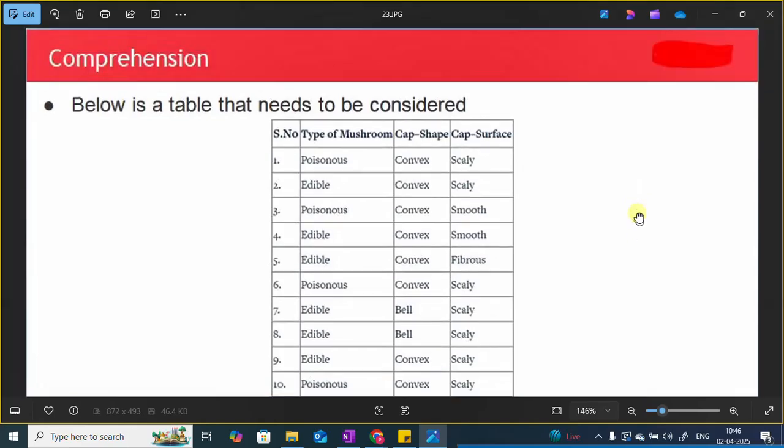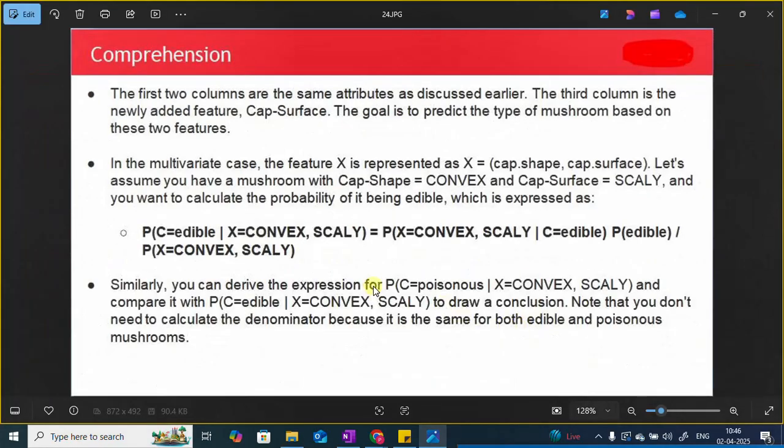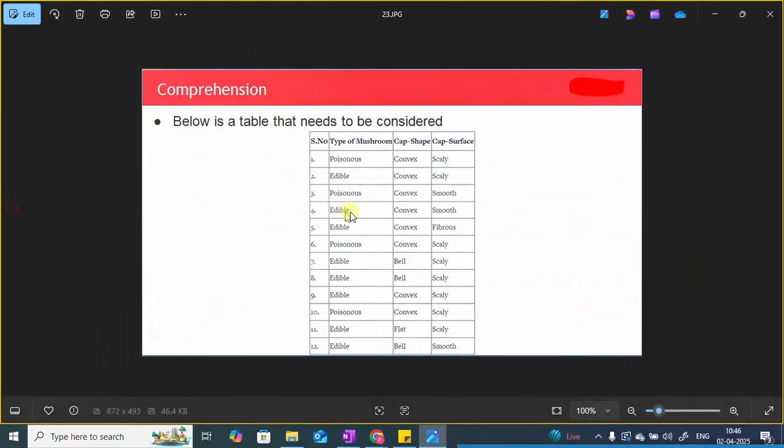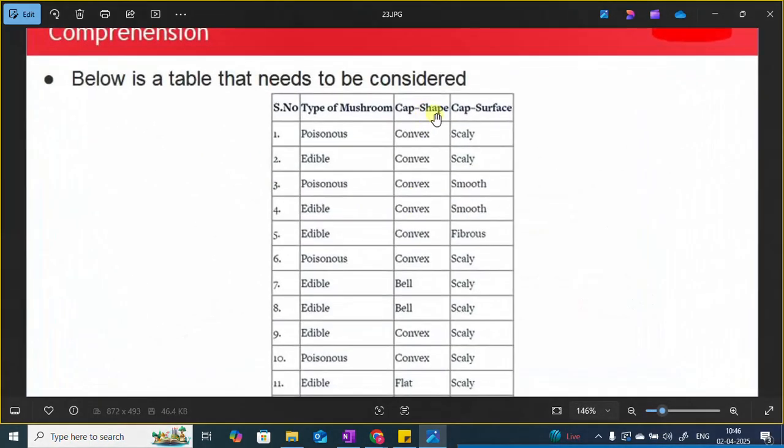Clear? Now what is happening here? There, I'm playing around only one feature. Here, I'm playing around two different features: convex with scaly, so taking care of cap shape along with the cap surface.